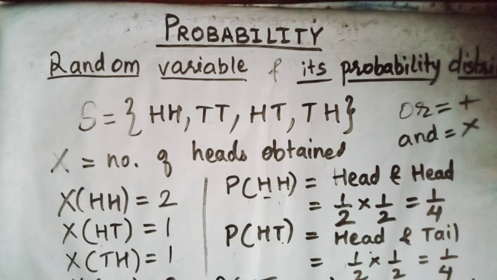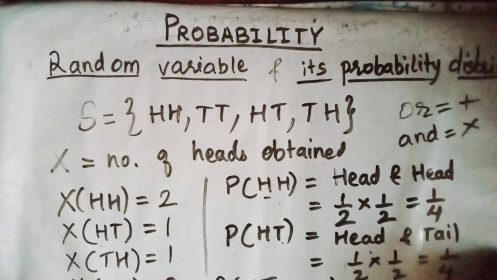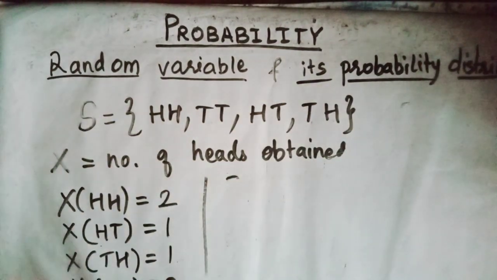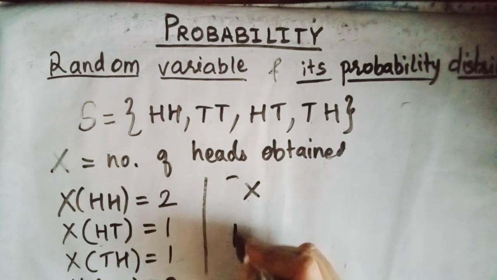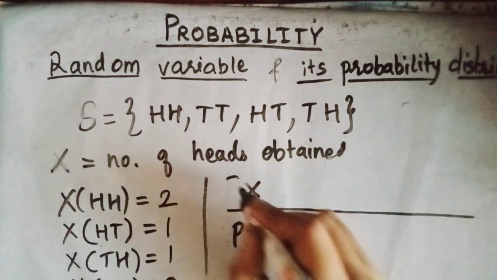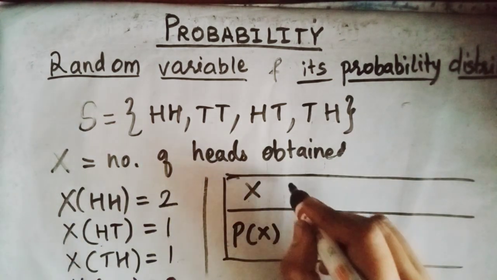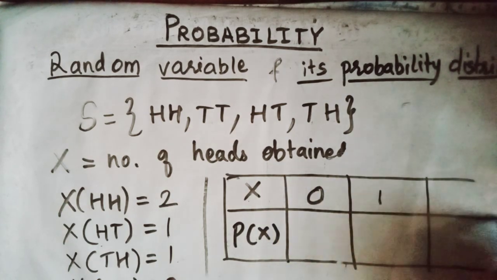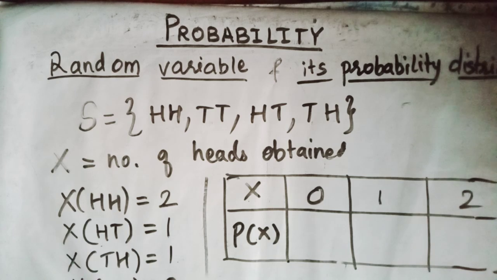Let's write it in the form of a table. X, P of X. The values of random variable X are 0, 1, and 2. When it is 0 we are getting tail and tail. Tail is half and tail is half, so this comes to 1 by 4.